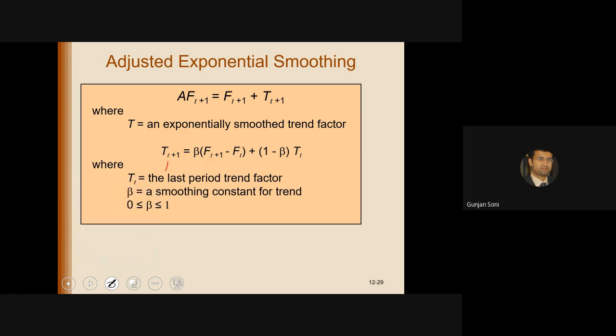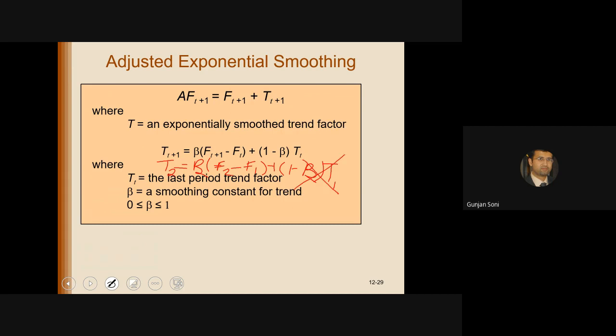It would be beta times (F2 minus F1) plus (1 minus beta) times T1, right? Now in order to get this value of T1, it will not be possible, because then it will be T0, which is actually not defined. So I can't get this term.